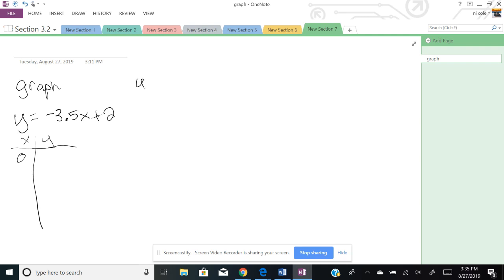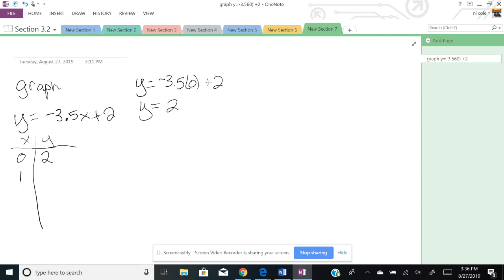So when x equals 0, y is equal to negative 3.5 times 0 plus 2. Therefore, y is equal to 2. Okay, the next number I'm going to pick, you guys would pick 0 for y, and I'm going to tell you this one we don't want to do because it's going to come out a very ugly number that we can't plot very nicely.